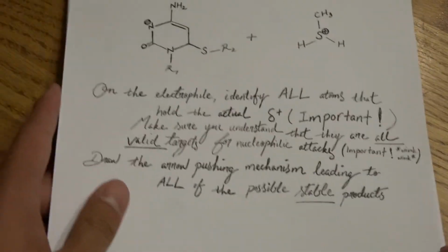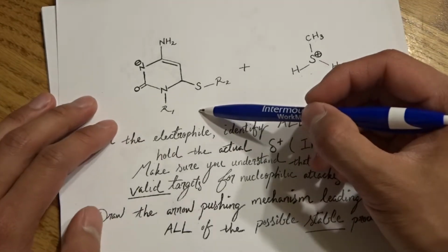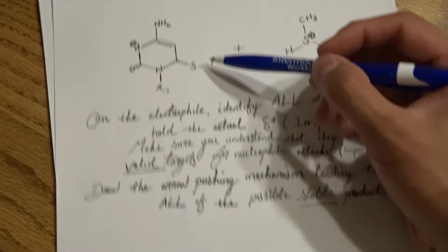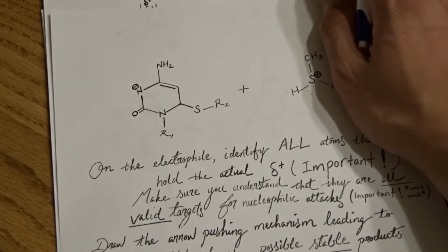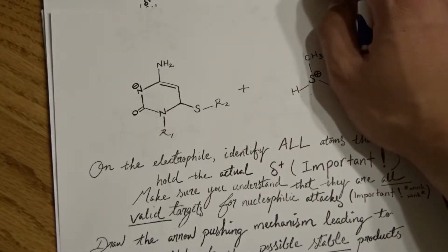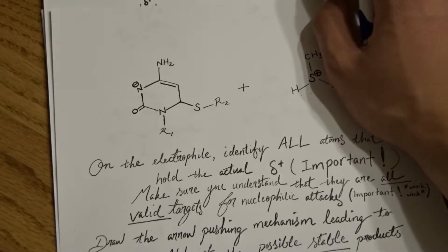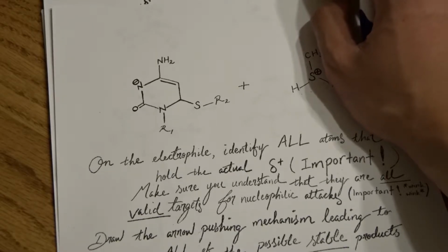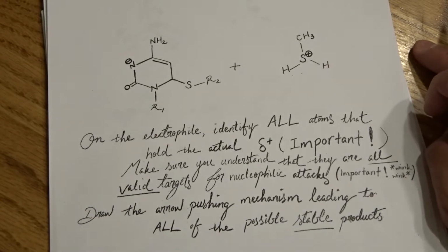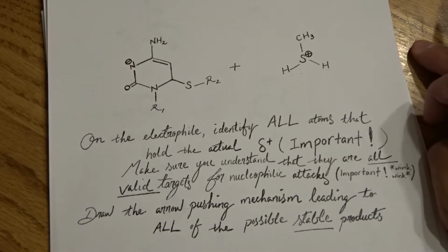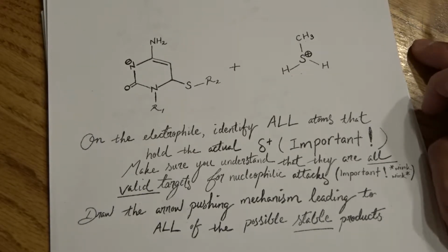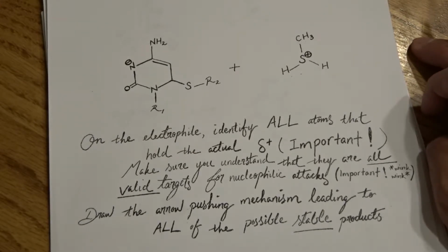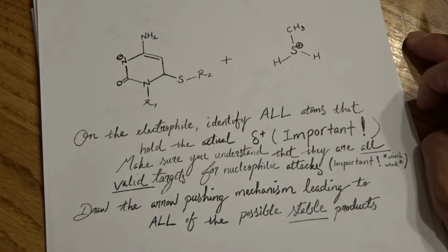So now let's look at our nucleophile. There could be multiple nucleophilic sites or basic sites. You have to look out for that, and a way to look out for multiple nucleophilic sites is through resonance structures, moving the negative charge around to different atoms, and in turn those atoms can be the nucleophilic sites.